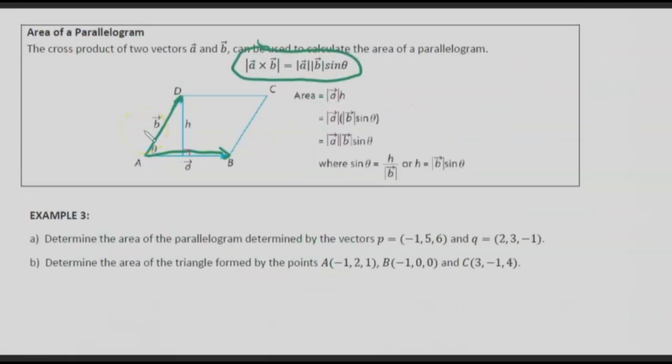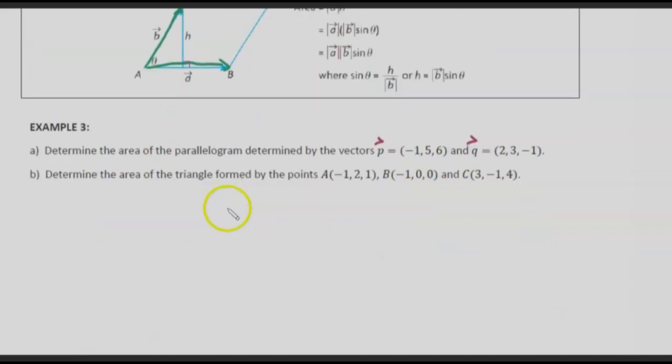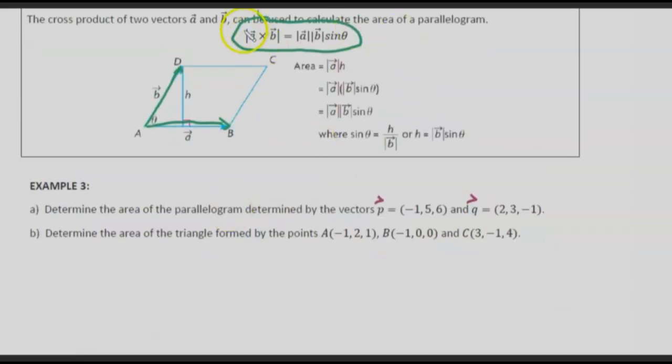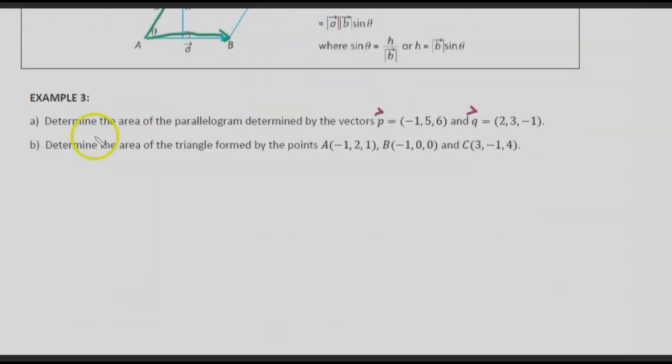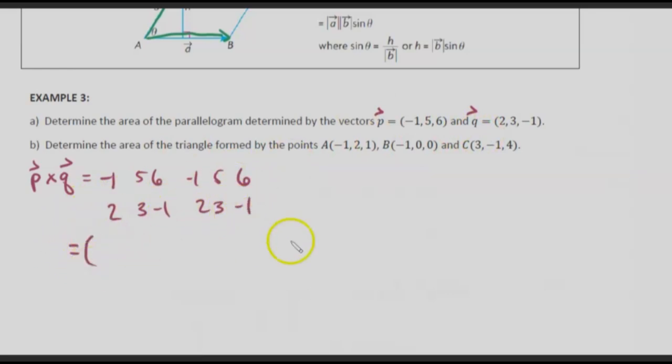Coming back to the area of the parallelogram, determine the area of the parallelogram determined by vector P and vector Q here. We want the magnitude of P cross Q, so let's find P cross Q first. We write out P twice, -1, 5, 6, -1, 5, 6, and Q, 2, 3, -1, 2, 3, -1, and find the cross product.